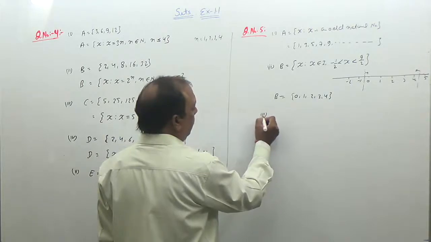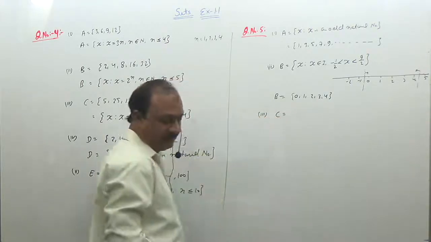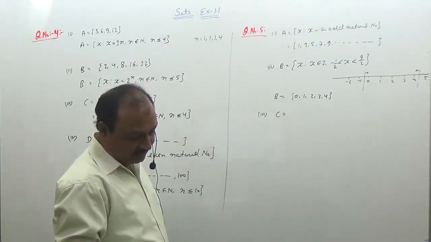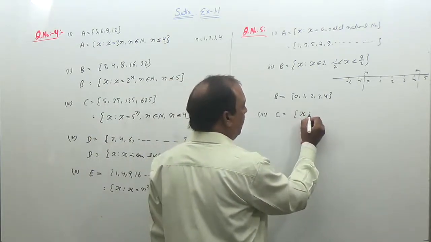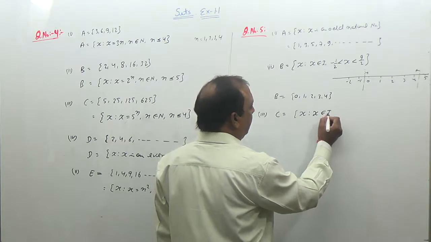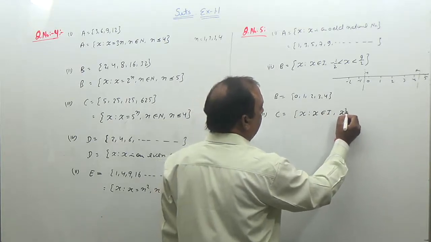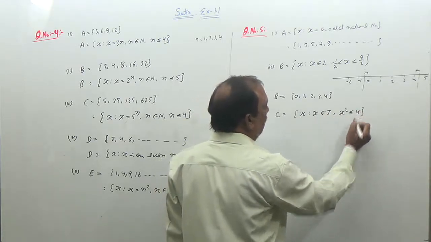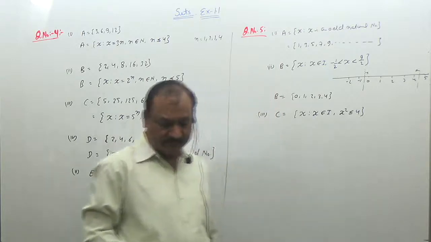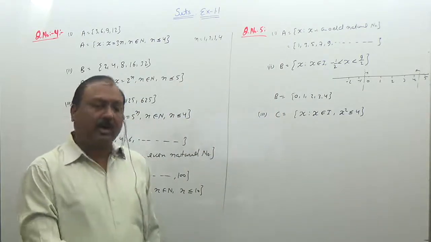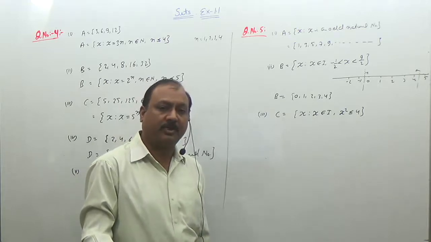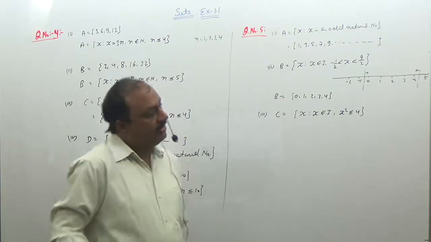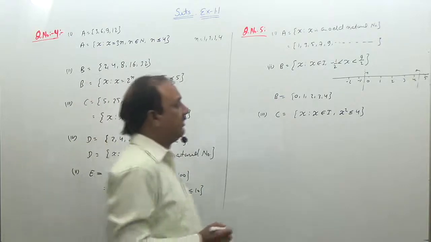Third part, C set. X such that x is an integer and x square is less than or equal to 4. Now this is also a set builder form, and here also we want to write it in roster form.